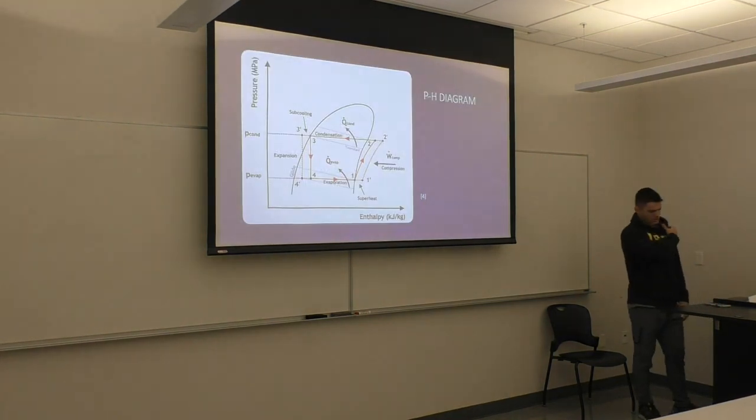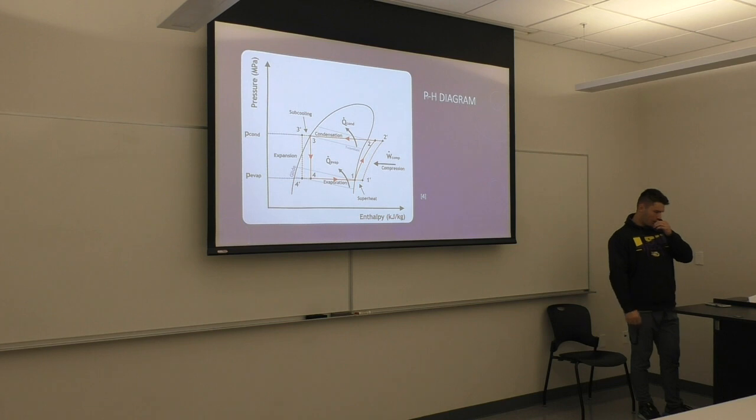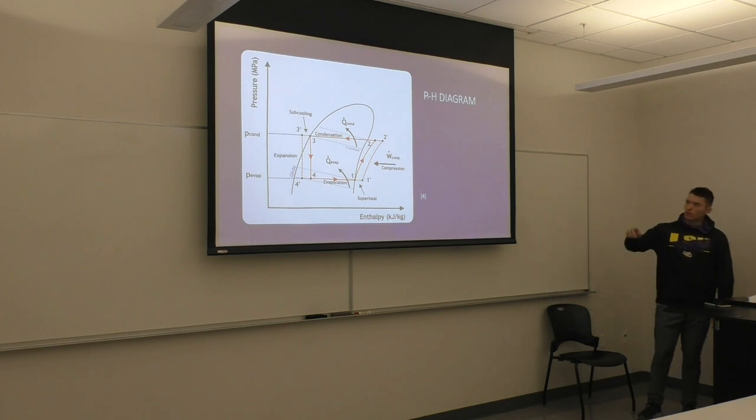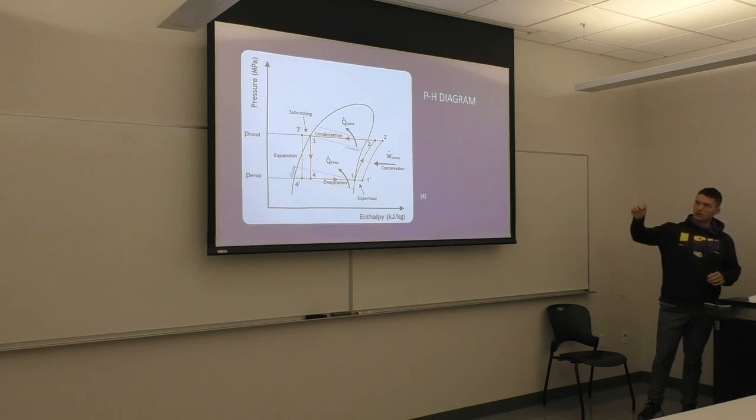So now going on to explain the pH diagram. From 1 to 2 is compression, the first part of the cycle, in a superheated state. So work is going to be put in and the refrigerant compressed, and then there's a straight line 2 to 3, condensation, where the pressure stays constant but the enthalpy decreases, so it's losing heat to the outside.